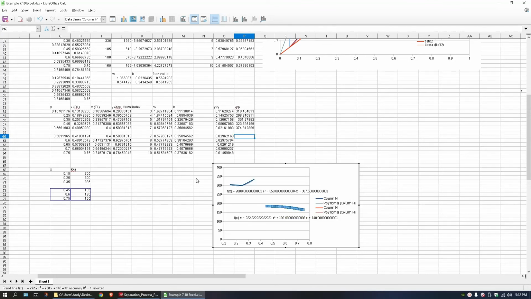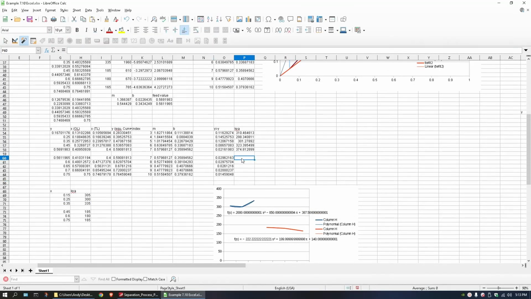That was my bad. Okay, so the equation is negative 222.2 times our x from our operating line squared, plus 200 times our x, plus 140. Okay. That is not right.